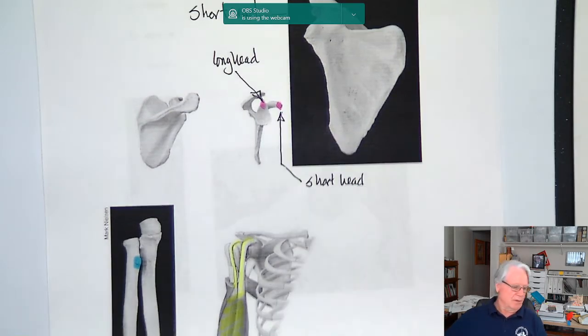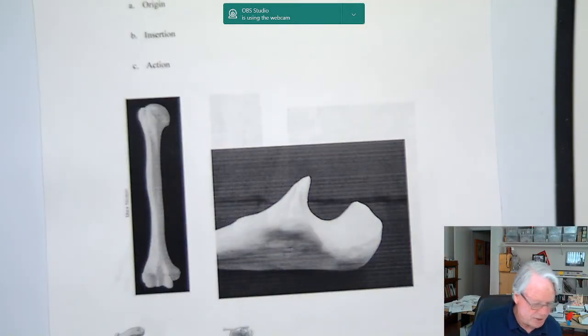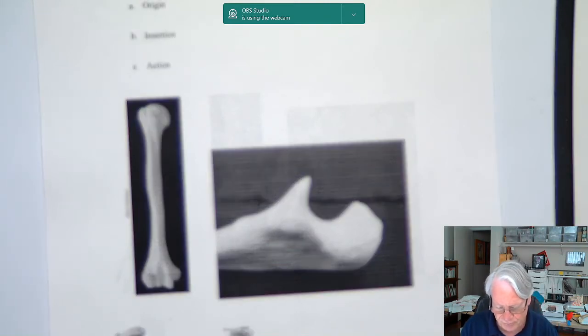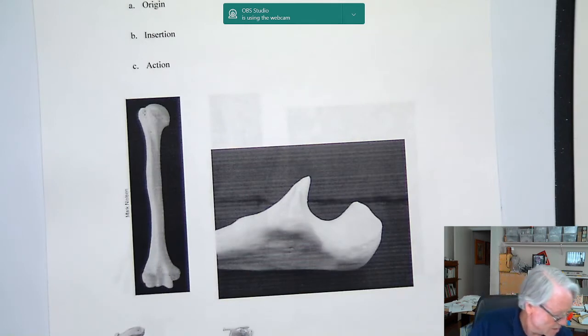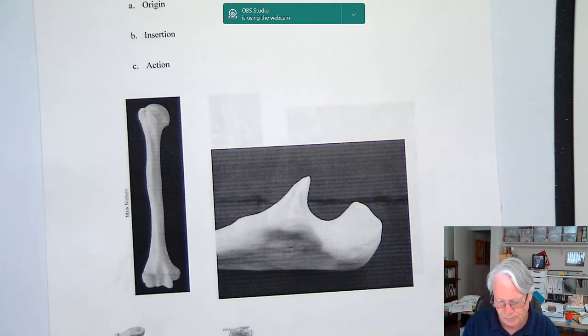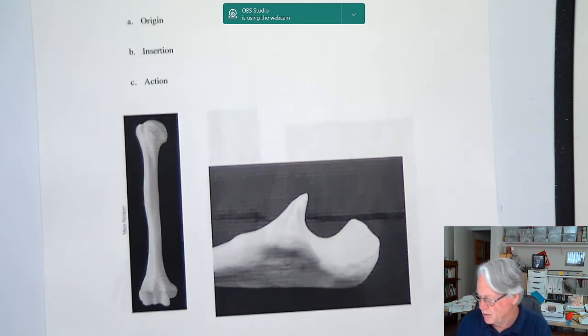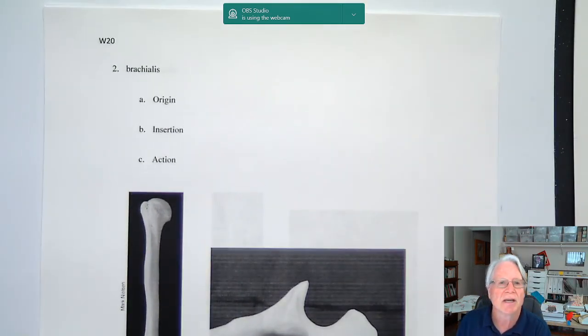All right. The next muscle that we're going to take a look at is the brachialis. So let's go ahead and do the brachialis. We'll put the information in first, and then we'll identify that on our bones.